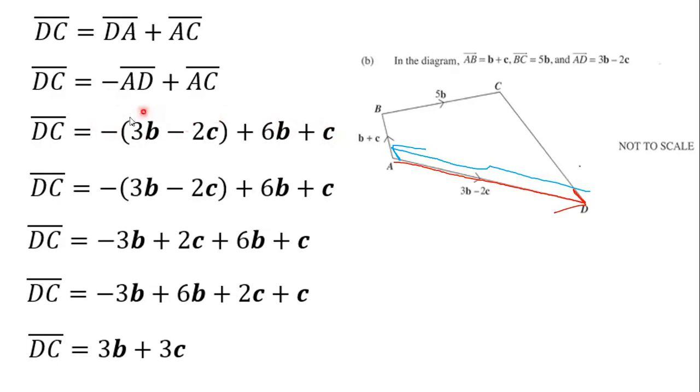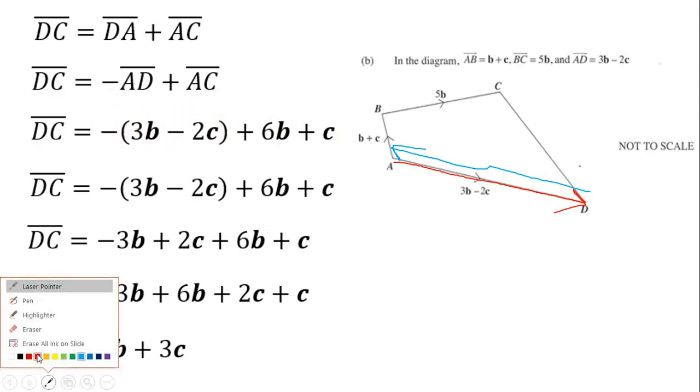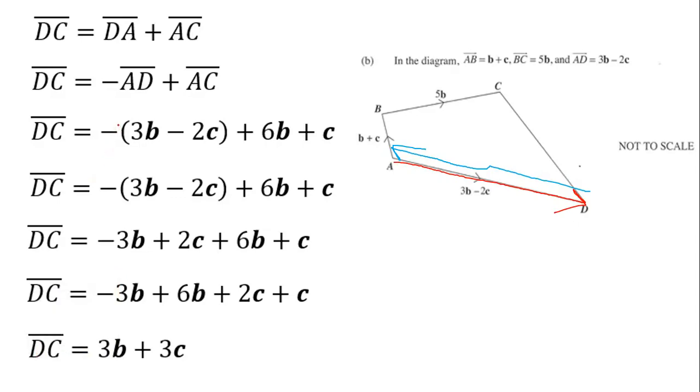Now let's consider this expression here and simplify it. You can think of this as a negative 1 out front, and we're going to multiply that by the 3B. I noticed that I put the same thing twice.